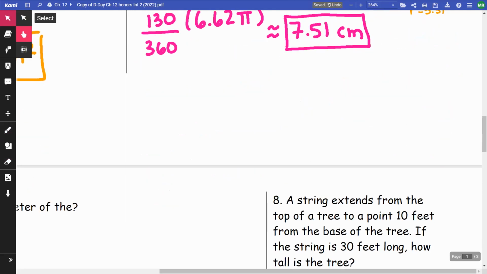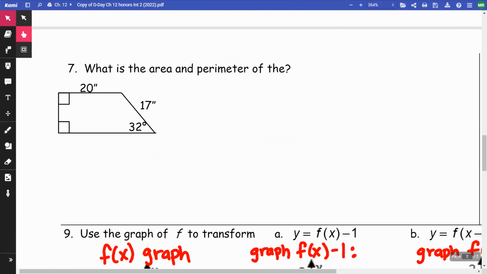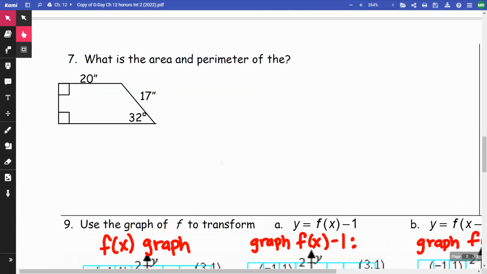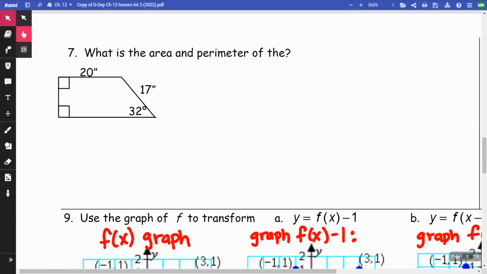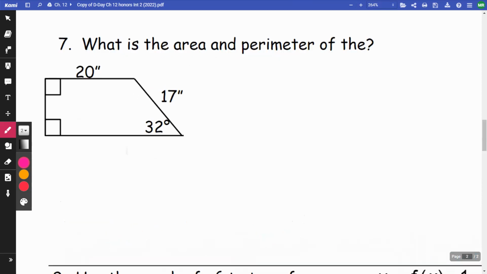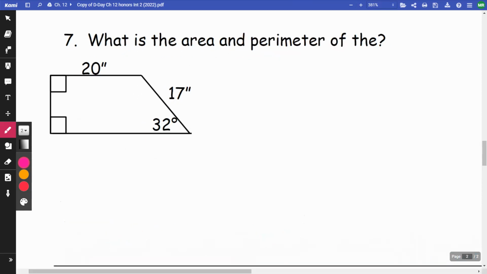Now, on the next page, on number 7, what is the area and the perimeter of this? So for the area, I need to find this height, okay?